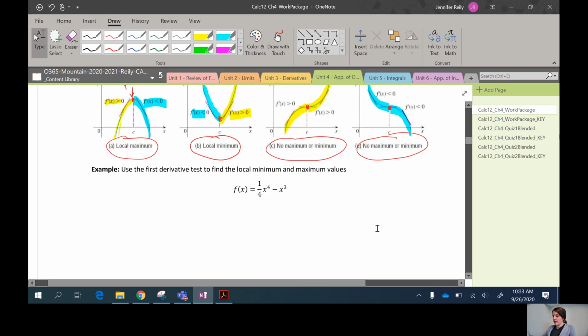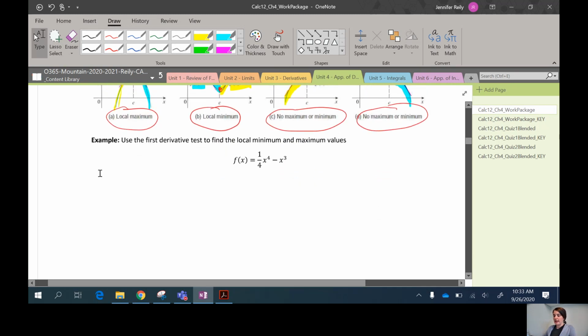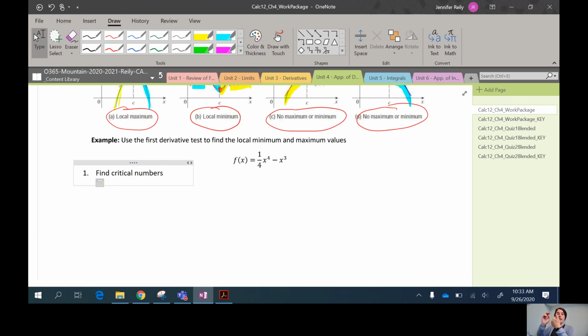Okay, so we've got a nice sort of simple parabola here. First thing to do is find critical numbers. So remember, critical numbers, there's 3 types. Endpoints, which we don't have in this scenario. They don't give us any endpoints for this graph. Places where the derivative is 0 and places where the derivative is undefined.